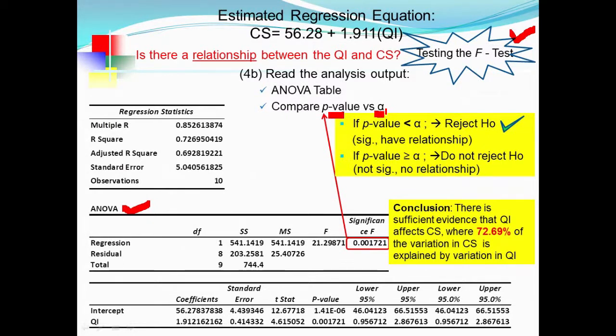And the conclusion remains that we believe there is sufficient evidence that quality inspection affects customer satisfaction, where 72.69% of the variation in customer satisfaction is explained by variation in quality inspection.